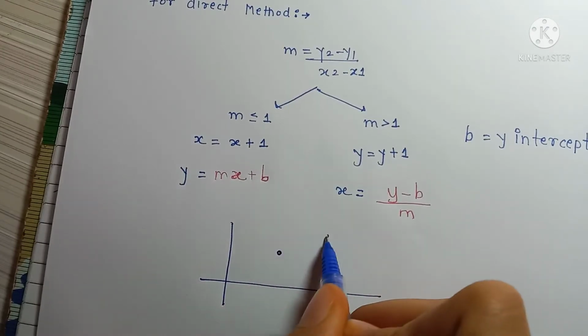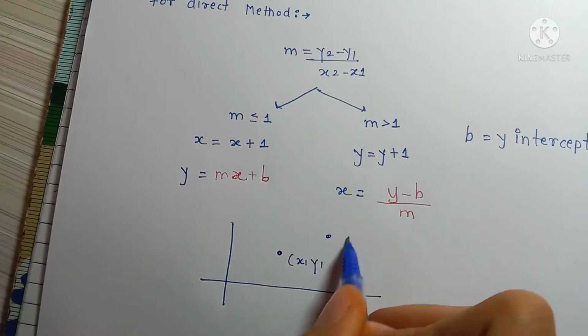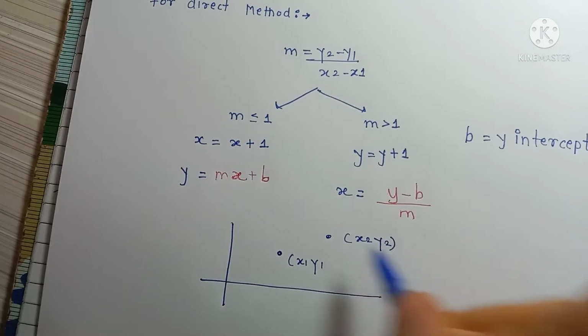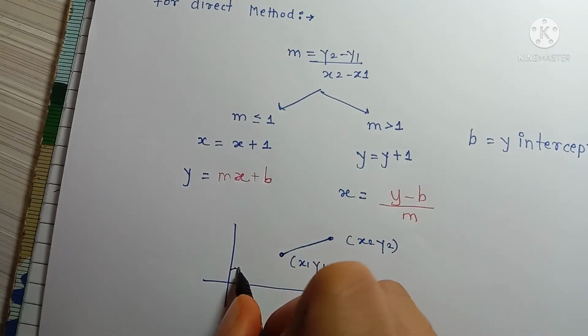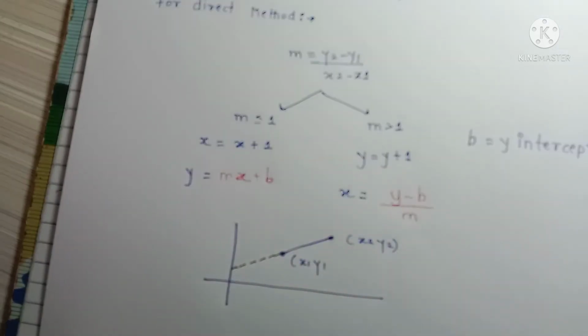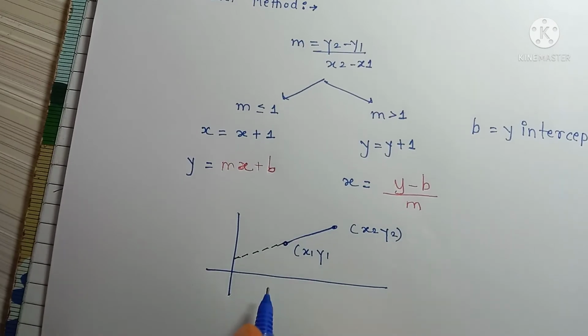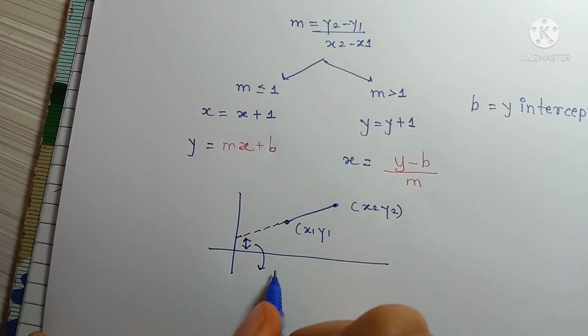This is the point x1, y1, x2, y2. This is our line. So if we extend this line, this distance is the y-intercept.